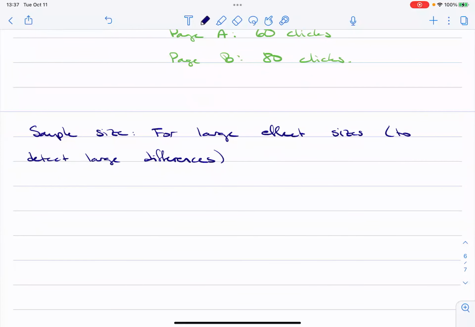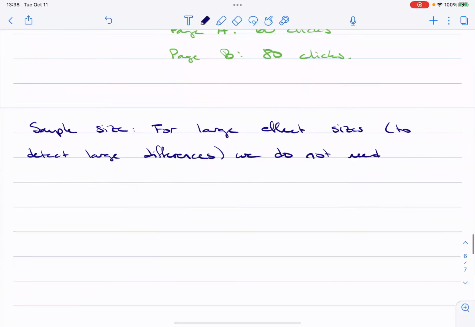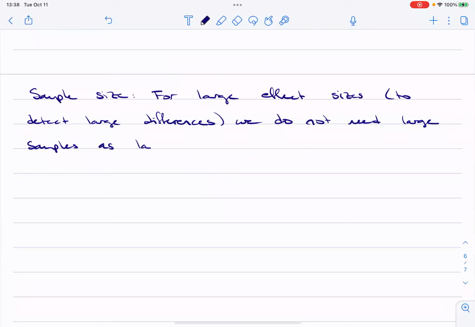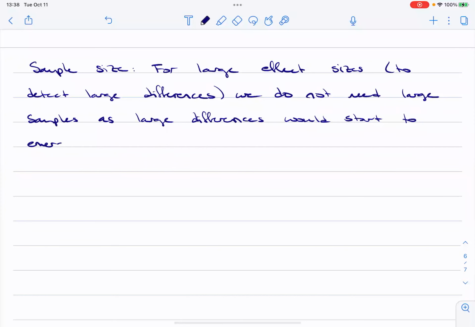So for large effect sizes, we do not need large samples, as large differences would start to emerge almost immediately.